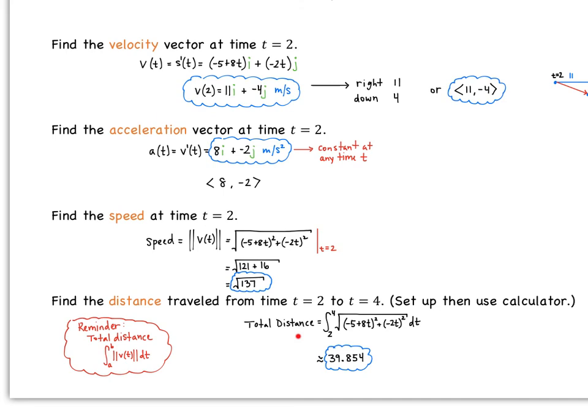So total distance here is the integral from 2 to 4 of that square root that we had up above. Now, good reminder, I would definitely throw this onto your calculator and remind yourself how to integrate that using your calculator. So double check that on your own and you should get 39.854. Remembering, we round to 3 decimals. You can either round that third place or simply cut it off there.